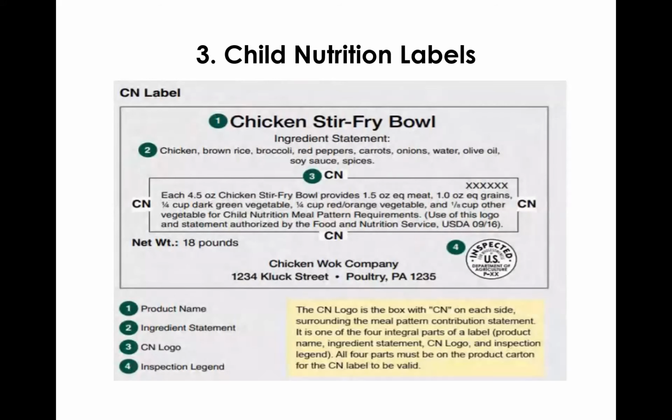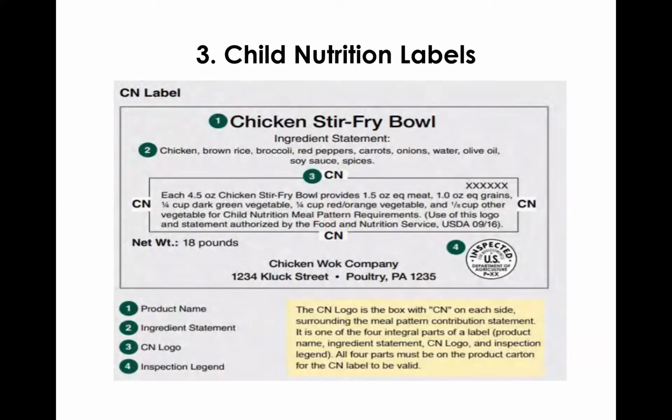Child nutrition label. Once again, a child nutrition label is kind of like the gold standard for telling you how an item contributes to meeting meal pattern. It is a very distinctive label issued by USDA, in a rectangle shape with CN on all four sides. It tells me the serving size and how that item contributes to meeting meal patterns.